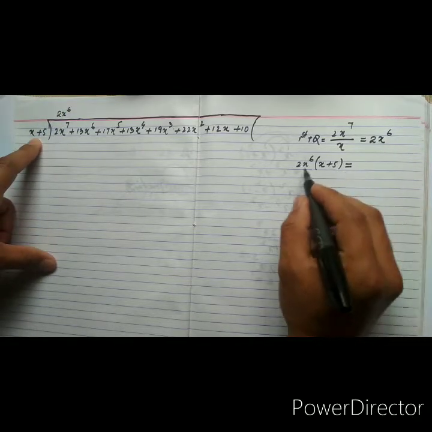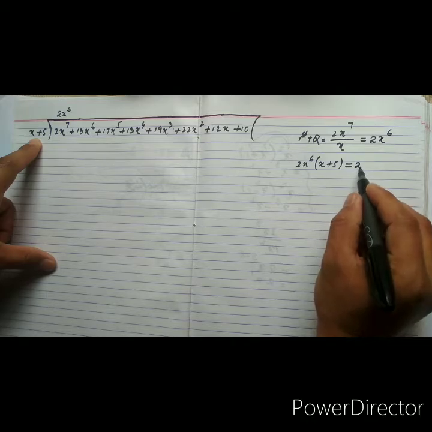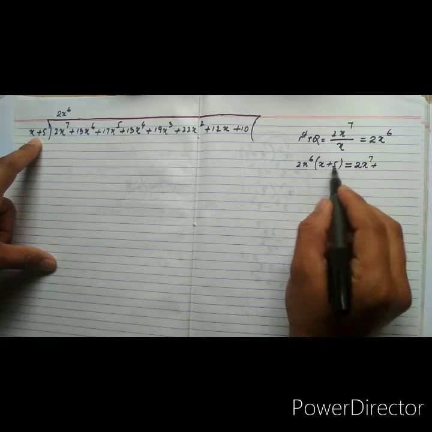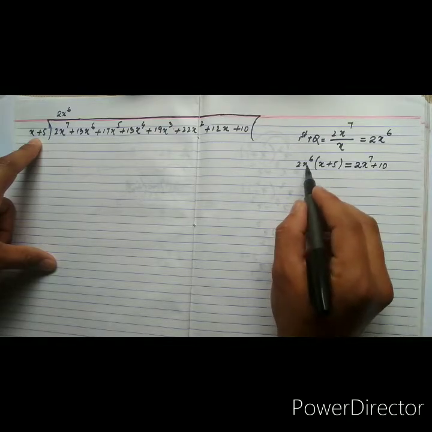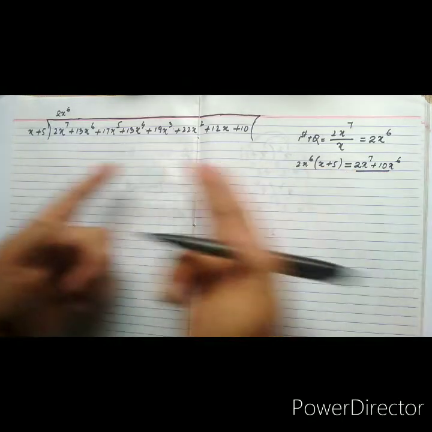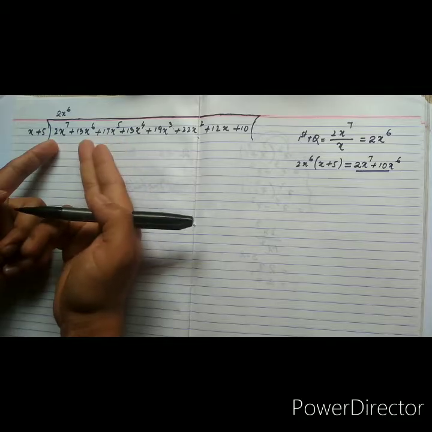So what we'll get now, 2 into 1, 2. x to the power 6 into x, we'll get here x to the power 7. Plus 2 into 5, 10 x power 6. These will be brought and written just below this dividend.